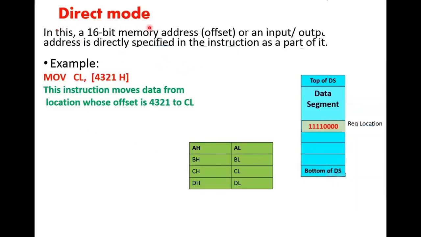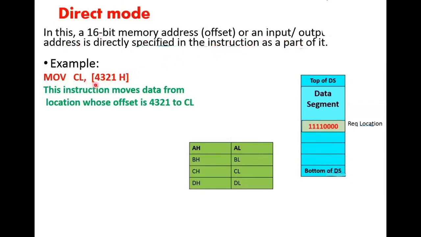Direct addressing mode means in the source or destination operand we will specify the memory address. A 16-bit memory address or input-output address is directly specified in the instruction.